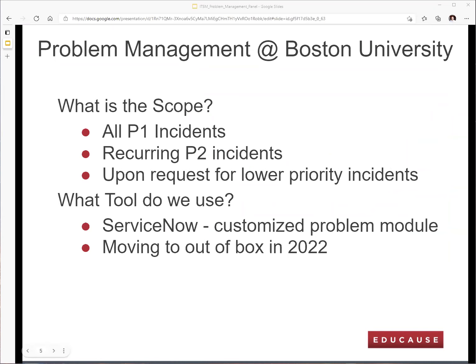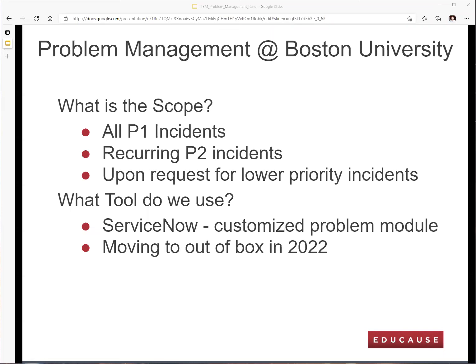When I came to BU, we had a backlog of problems, about 300 of them, and they realized they needed somebody to take charge of the practice. And so that is why I came to BU. The scope of what we use problem management for right now at BU is all priority 1 incidents.